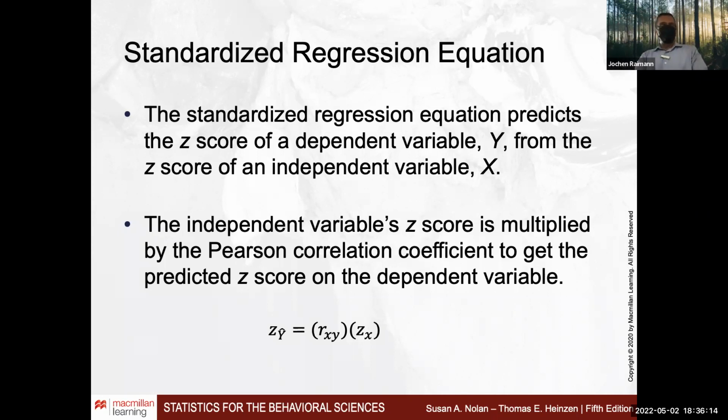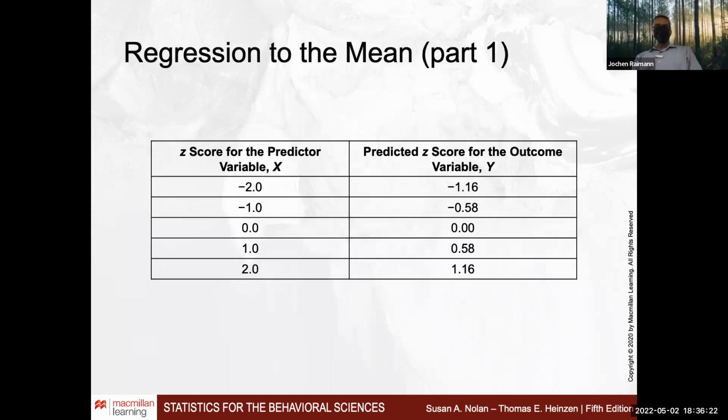We will do this today, and it's considerably simple and intuitive, but the calculations are a little bit more complex. As an example, you're building this regression by utilizing the variability and the means to standardize your predictor variables, your x. So you have -2, -1, 0, 1, and 2. By utilizing the correlation coefficient, you get a predicted standardized score for your outcome variable.